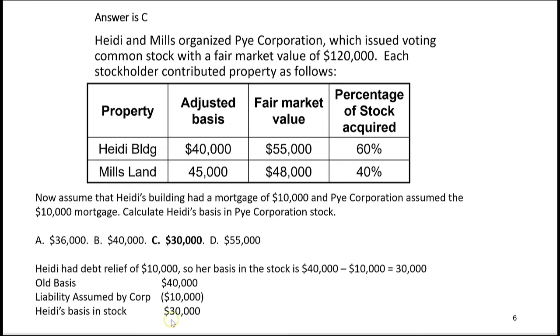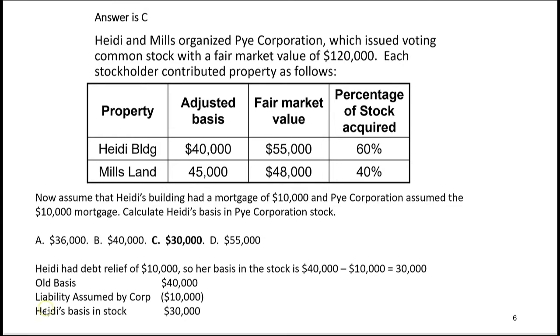And having that lower basis is going to be important because when she goes to sell the stock, she's going to have a potential gain because her basis is now a little lower. It's now $30,000 instead of $40,000. And you never want your basis to go down because when basis goes down, you have a potential for taxable gain. So why is her basis going down?